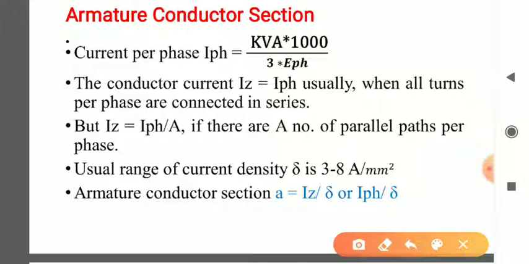So the area can be calculated as Iz divided by del, or IPH divided by density, because in these equations Iz is the conductor current and IPH is the phase current, and usually the conductor current is equal to the phase current.